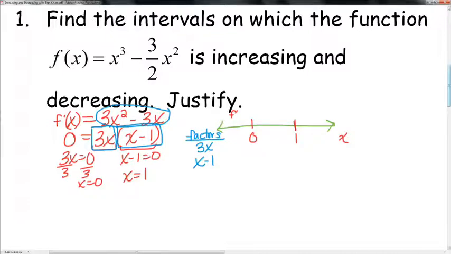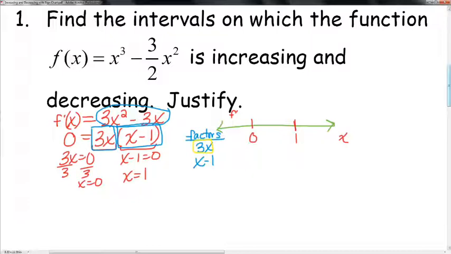So what I mean by that is, if I pick an x value right here, it's going to be negative. I could pick any one. So any number to the left of 0, it's going to be negative. So I'm going to say negative 1. That's a pretty easy one to pick. So I'm going to plug that in here. 3 times negative 1, I don't really care about the value, I care about the sign, because that's what we're tracking.